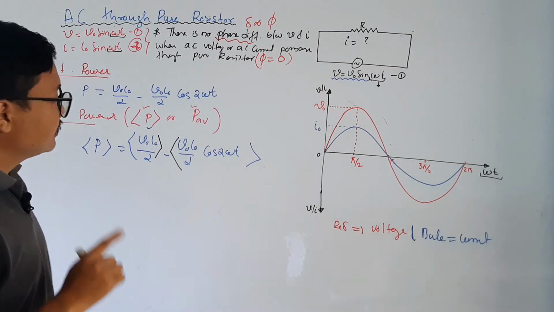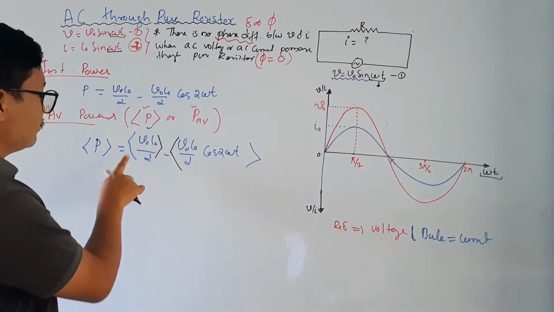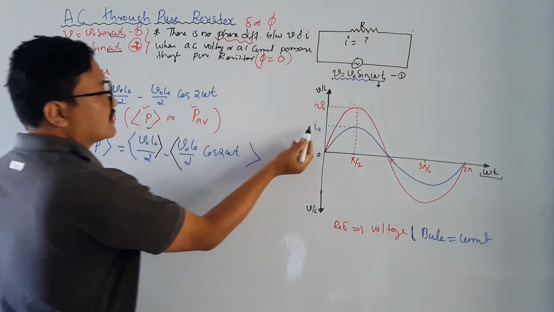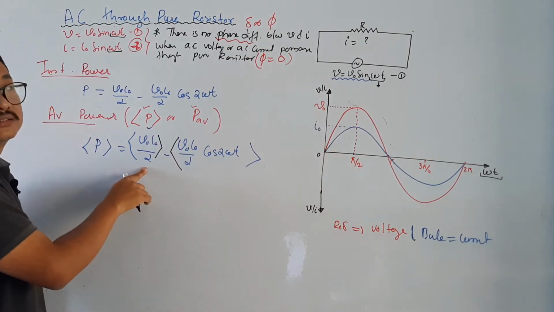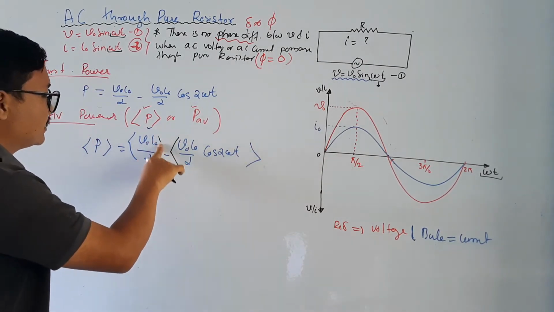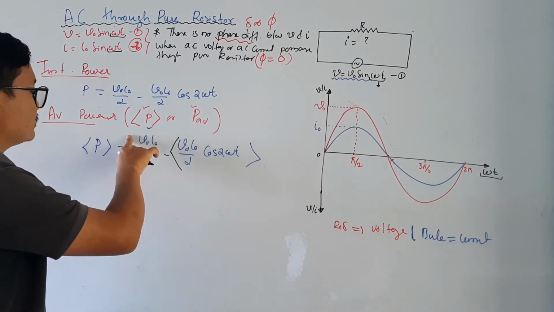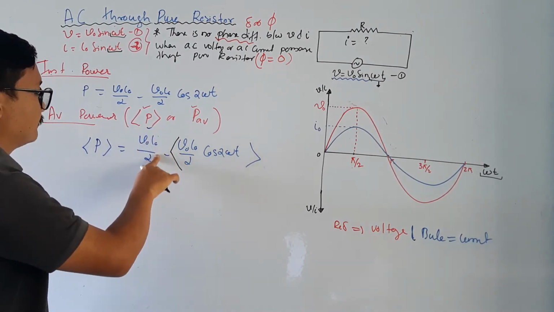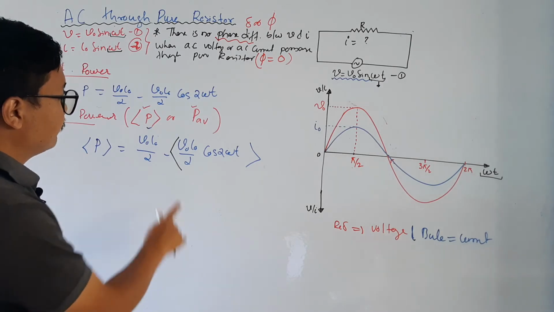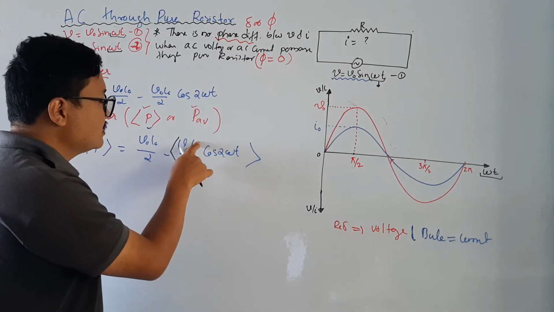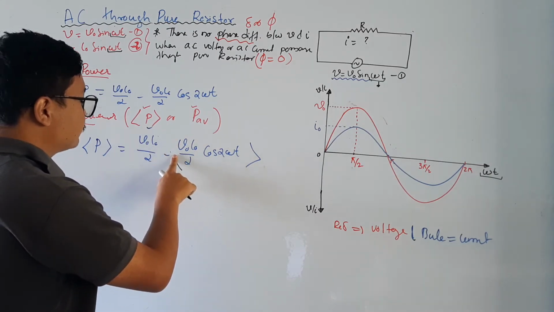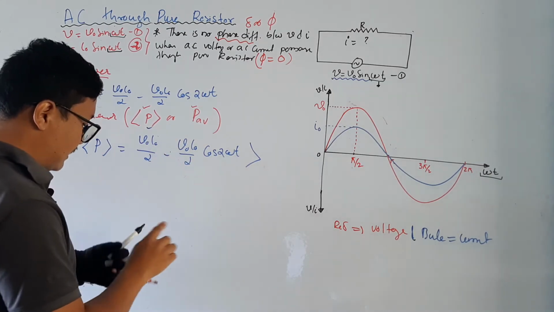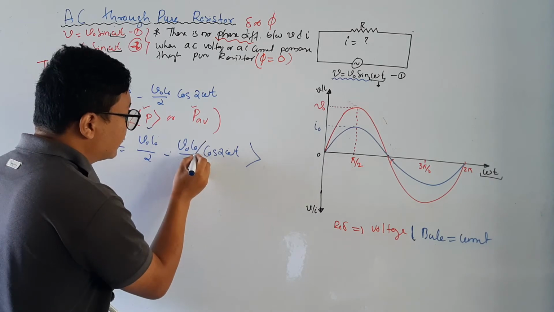Now in the third step, V0 is a constant value, I0 is also a constant value, 2 is a constant value, so we don't need to take the average of a constant. The average of a constant value cannot be taken. We take the average of cos 2 omega t only.